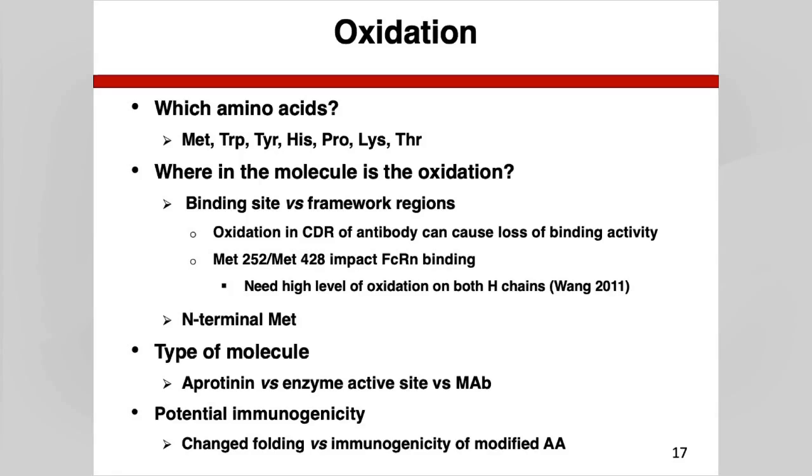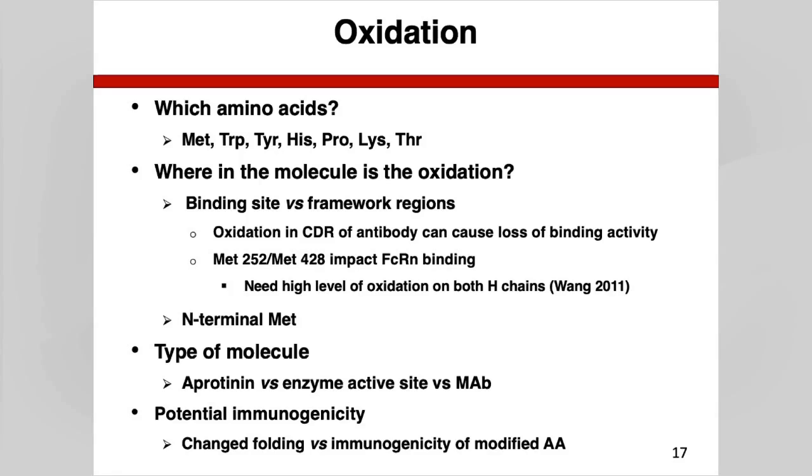And similarly, it has been seen that when we have oxidation of methionine residues in the Fc portion of an antibody, it can impact FcRn binding, which is responsible for the half-life of the molecule in the body. Turns out that you need an awful high level of oxidation on both of the heavy chains in order for this to occur. So typically small changes in methionine oxidation in the Fc portion of an antibody don't matter, but nonetheless, it has to be paid attention to.